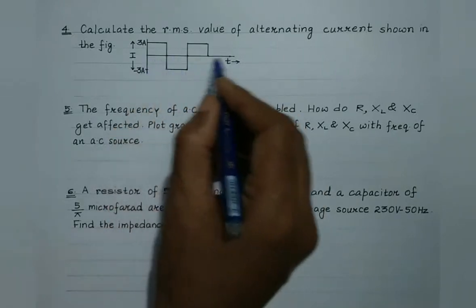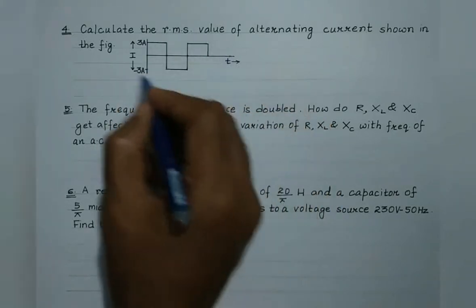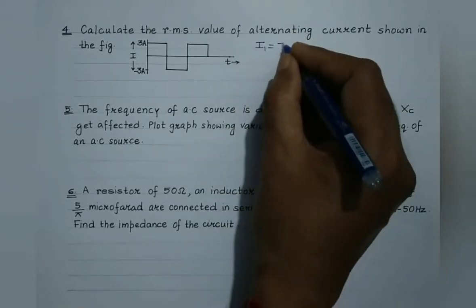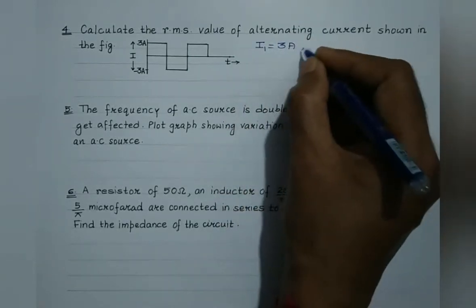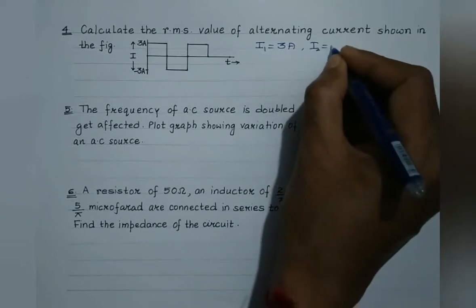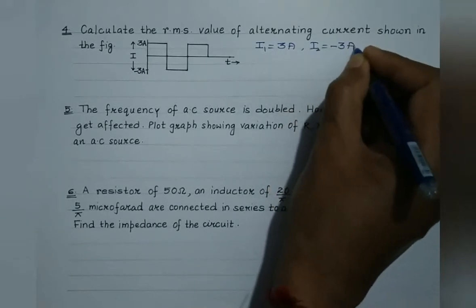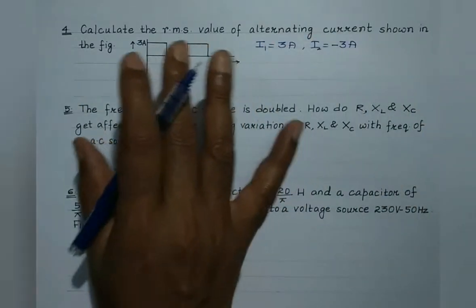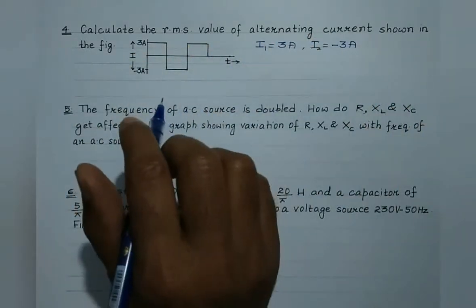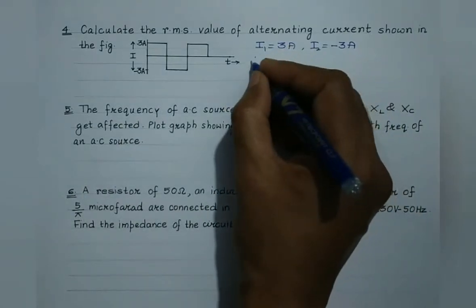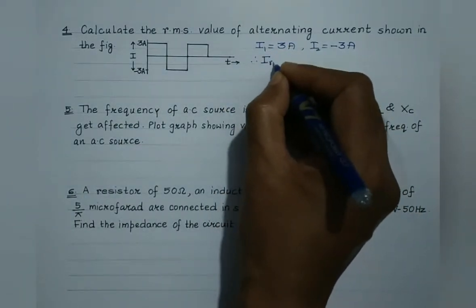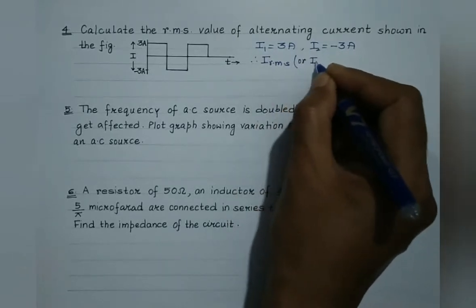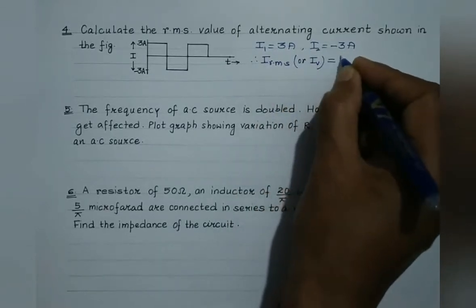So at any instant with the passage of time, here the value of current is either plus 3 ampere or minus 3 ampere. Right? There is no other value. These are the only two values which the current attains with the passage of time. Therefore, obviously, RMS value of current or the virtual value of current must be 3 ampere.